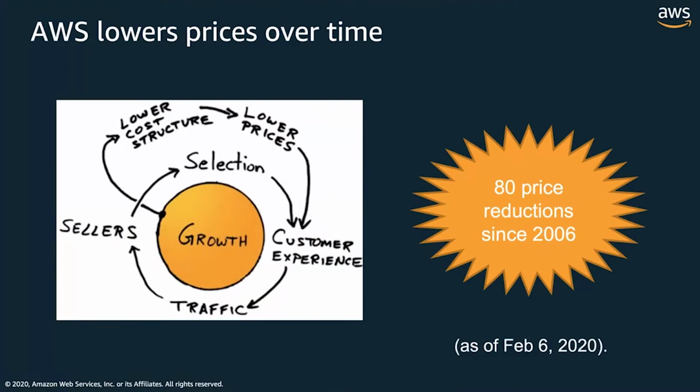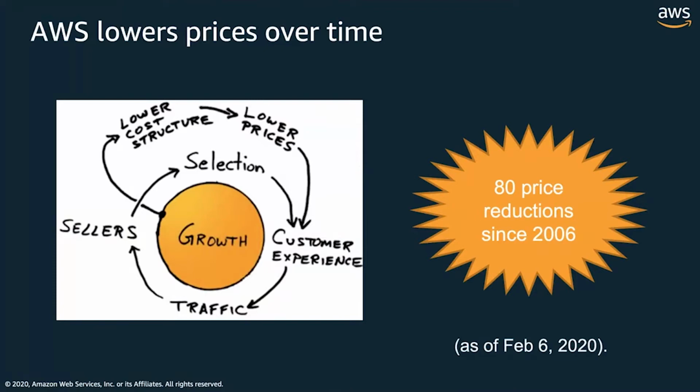Because of the economies of scale we're able to do, because we're running multiple customers on the same infrastructure in a secure way, of course, we're able to take advantage of that aggregation and actually lower the cost of the infrastructure. In turn, what that does is it lowers the prices, and we pass those price reductions on to our customer, which obviously enhances the customer experience.